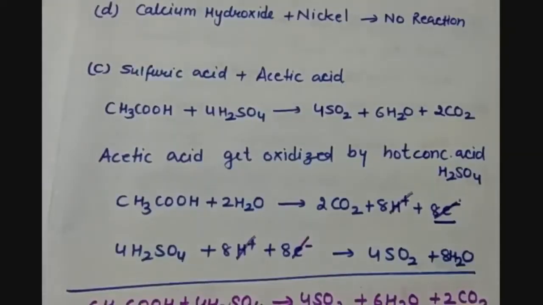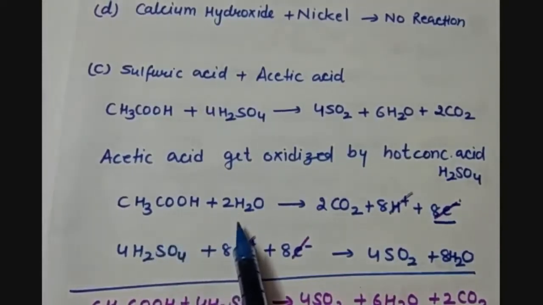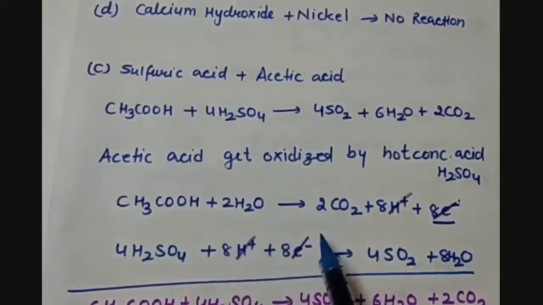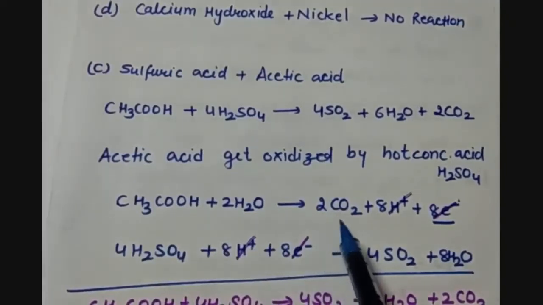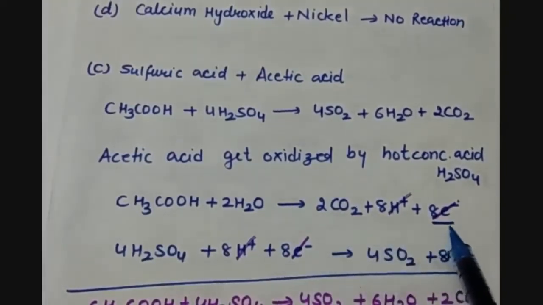Then the third equation is, when sulfuric acid reacts with acetic acid. Both are acids, but sulfuric acid is a strong oxidizing agent and acetic acid is a weak base. When this weak base is dissolved in water, first it dissociates into 2CO2, 8H plus and 8 electrons.